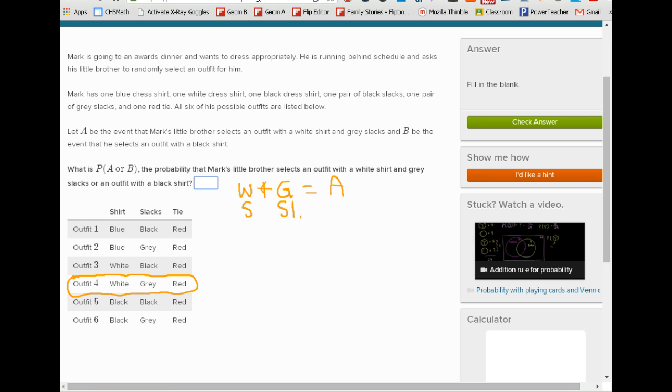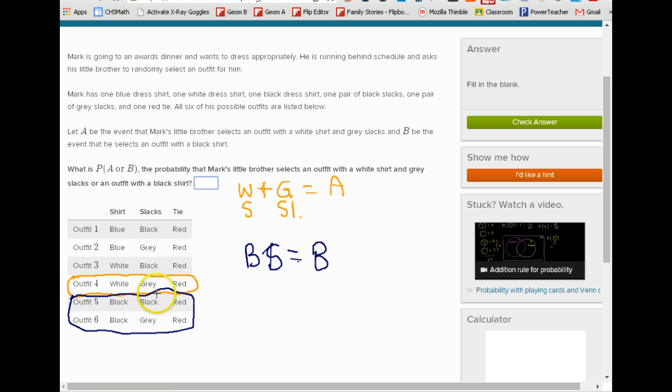So let me write that out. A black shirt equals B. Okay? So black shirt, well, that's either of these two. So quite simply, we calculate what A is. Right now, is there any overlap here?